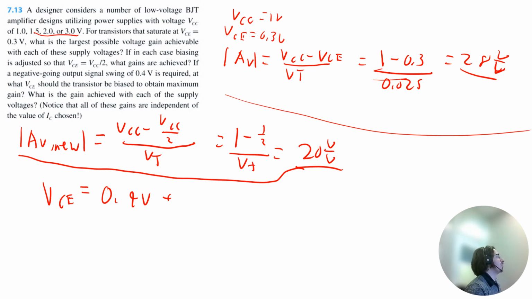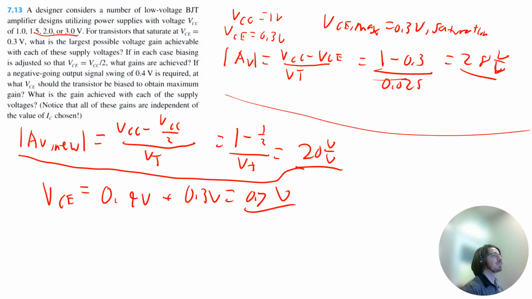We don't want to leave saturation, so VCE min will be 0.3 volts in saturation. So we're going to add that, 0.3 volts. So VCE will become 0.7 volts. And then for that value, AV will be 1 minus 0.7 divided by 0.025, which is equal to 12 volt per volt.